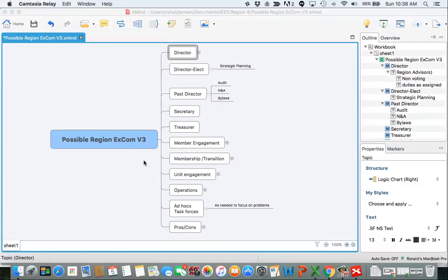But life has changed, and we are finding that less than half of our members are now society members, and so they don't have a chapter to participate in.